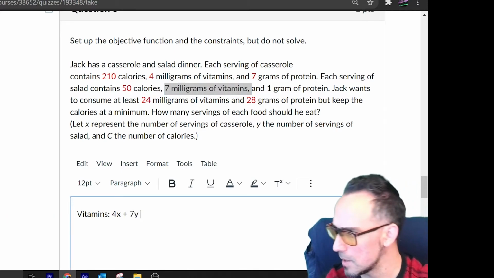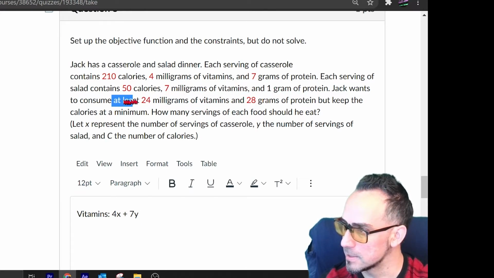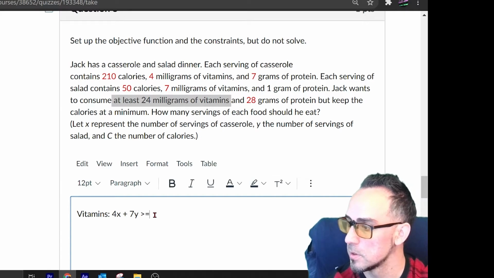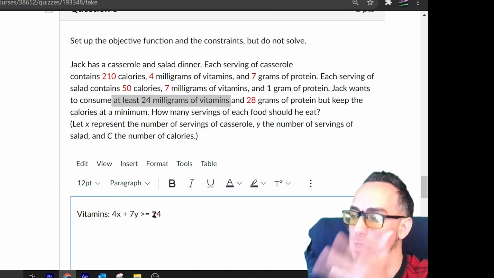And it says he wants at least 24 milligrams of vitamins. So at least tells us we should do greater than or equal to 24. So that's one of our constraints.